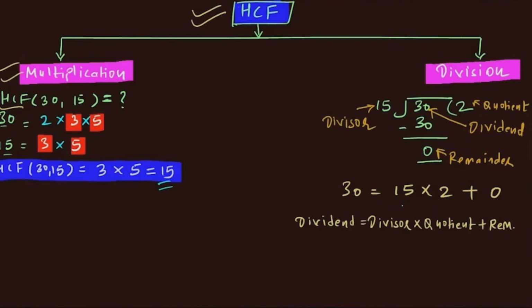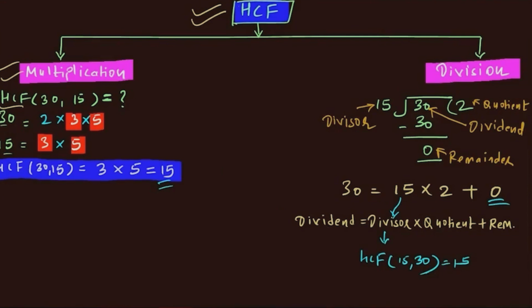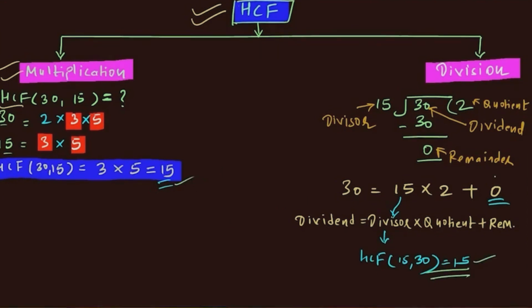So here also 15 should be the highest common factor and here 15 is nothing but the divisor of 30. And hence we conclude that in division method, whenever we divide any two positive integers and if we get remainder equal to 0, then we consider the divisor as the highest common factor of those numbers, that is here 15 and 30. And hence now we can say that we have got the same answer by both the methods.